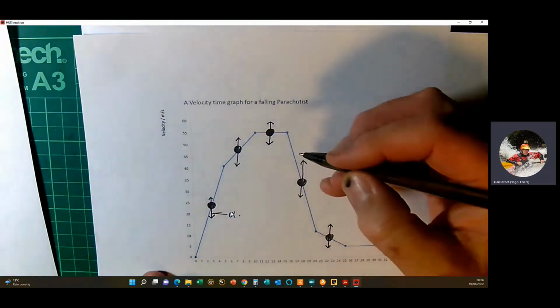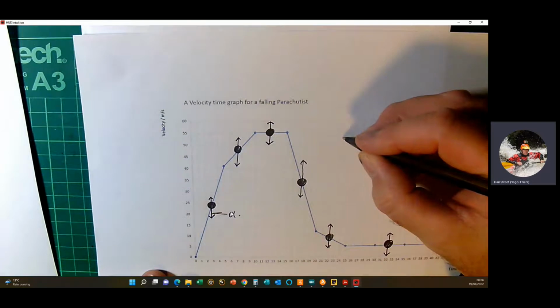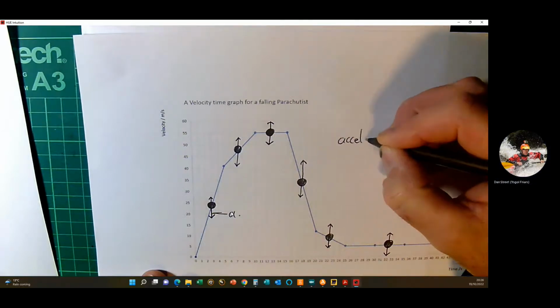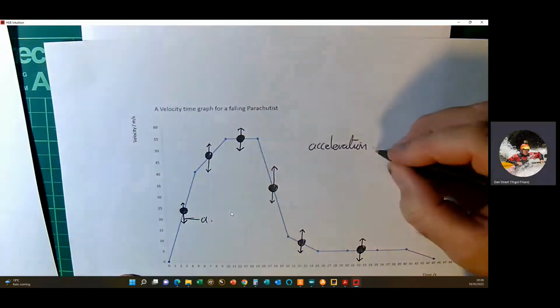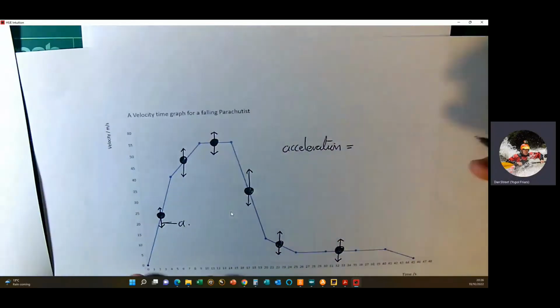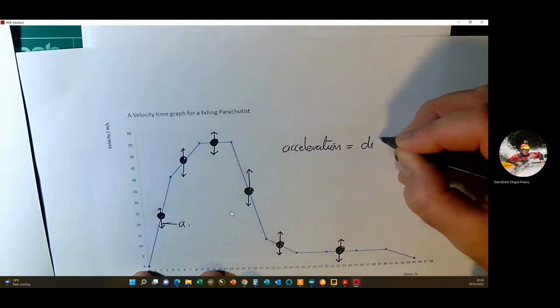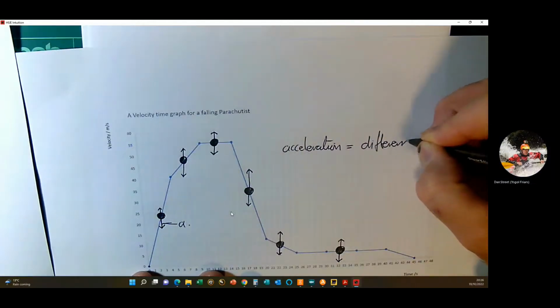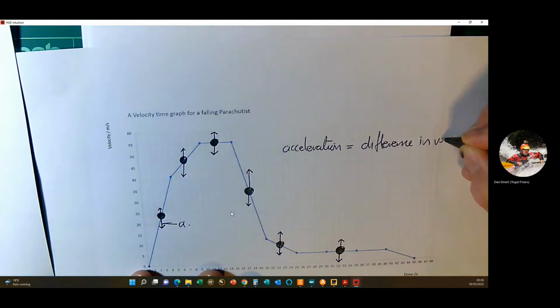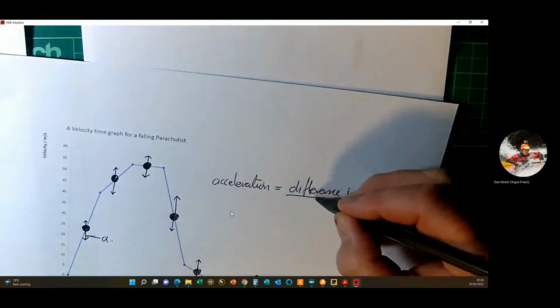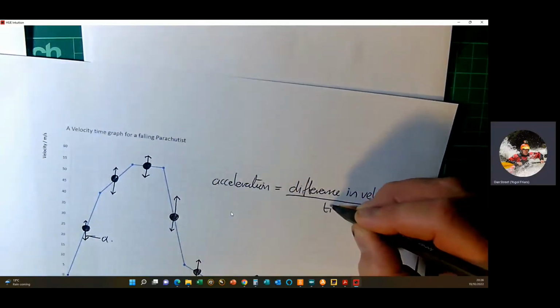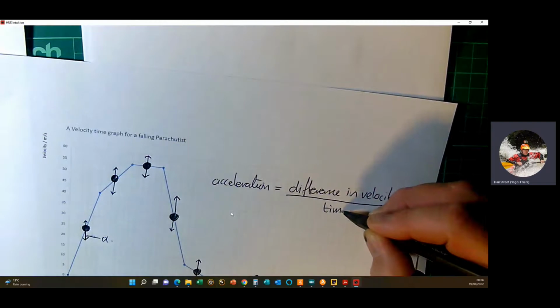Okay, so you might recall that the acceleration is equal to the difference in velocity divided by the time over which that change happens.